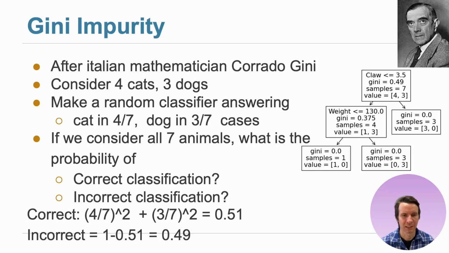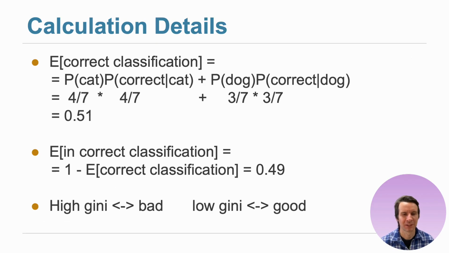Alright, so let's look at it. Here's a calculation for the correct classification. The expectation for the correct classification: what's the chance that you have a cat? In 4 of the 7 cases you have a cat, and what's the chance that you answer correctly if you chose a cat?